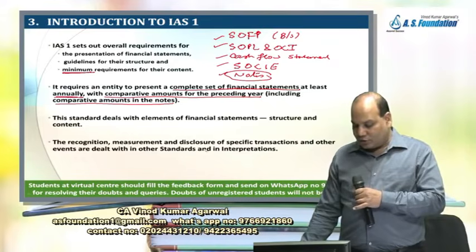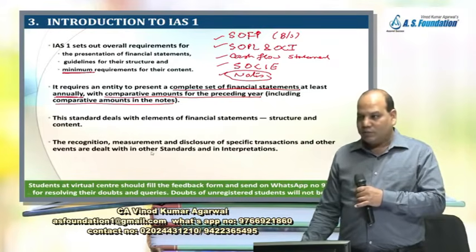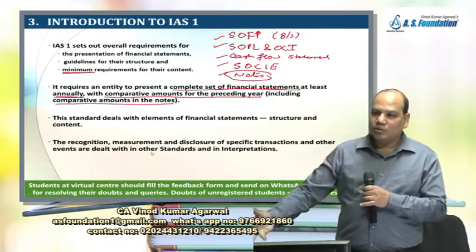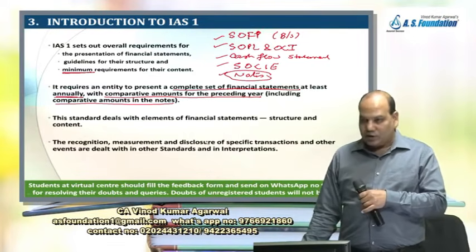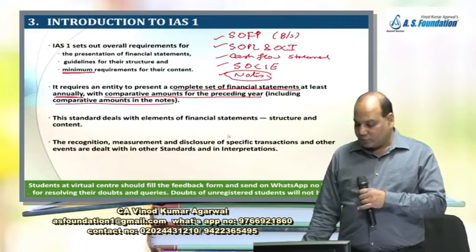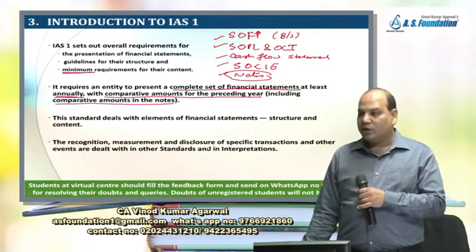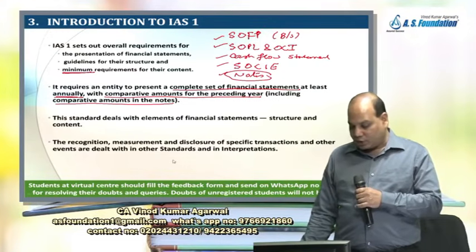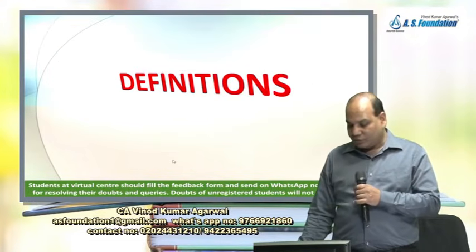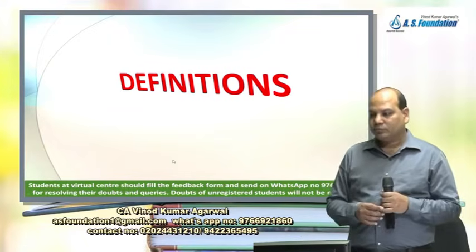The standard on related party will deal with disclosures related to related party. So disclosures are covered in this standard also to some extent, but disclosures are covered in other standards also. Those will be followed as per their respective standard and the interpretations.